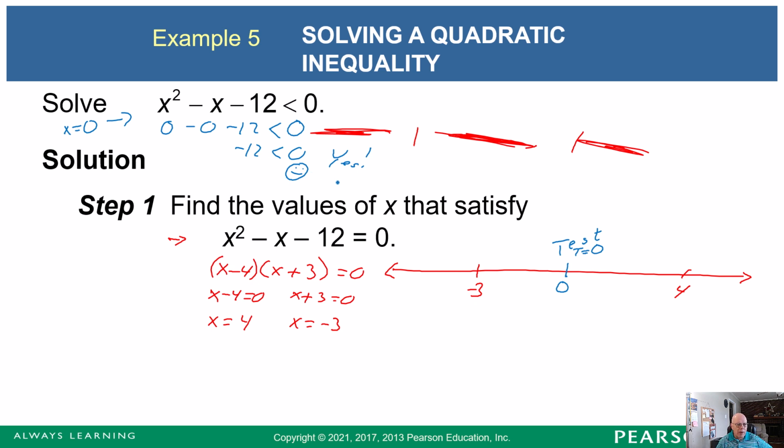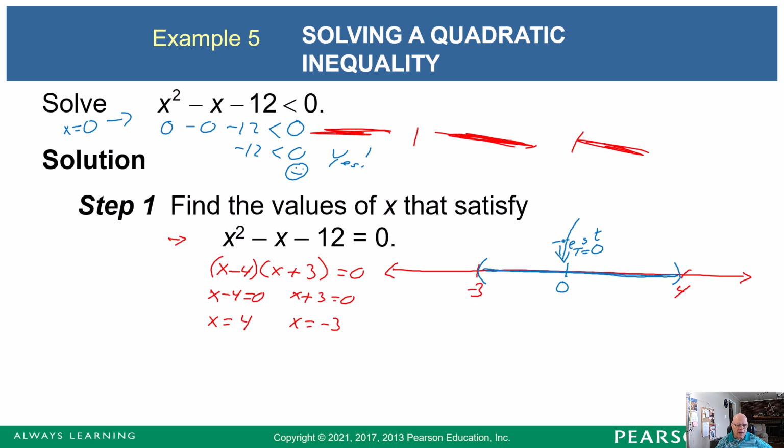So what this means is this test point is in the correct area of all those numbers. So what we've got, notice this is a strict inequality, so we'll have parentheses here because negative 3 is not part of it. Positive 4 isn't either, but everything between is.